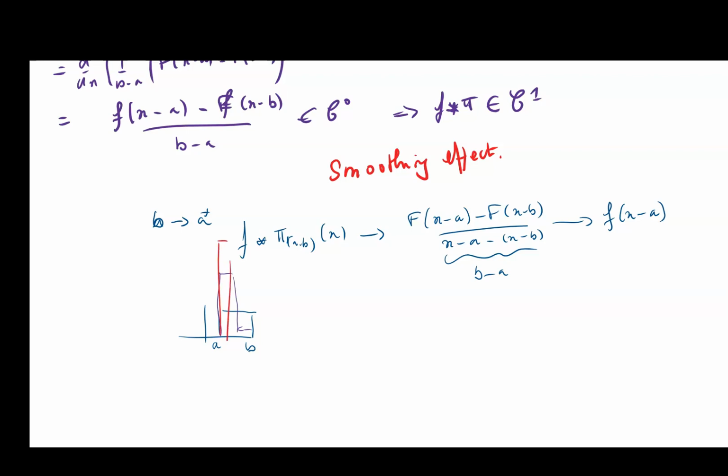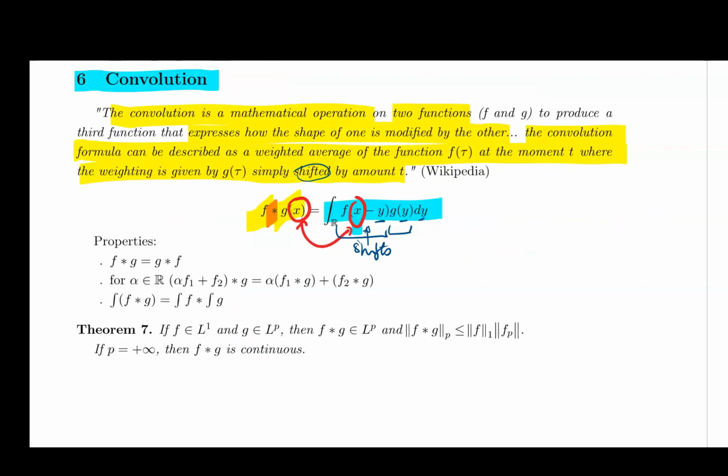So you get a function that has a very small support, with bigger and bigger values. We're going to see that these are also interesting functions, but we'll talk about this later in the distributions chapter.